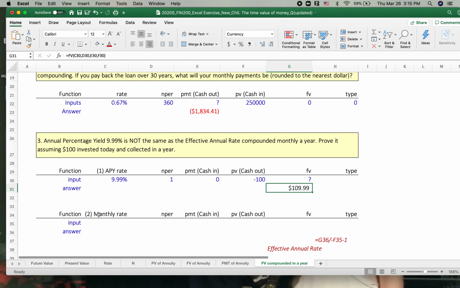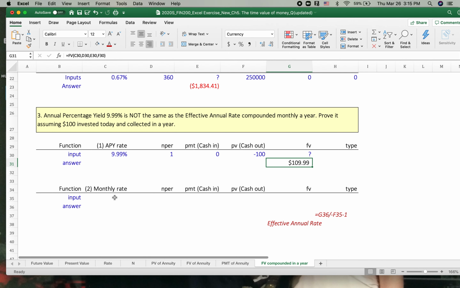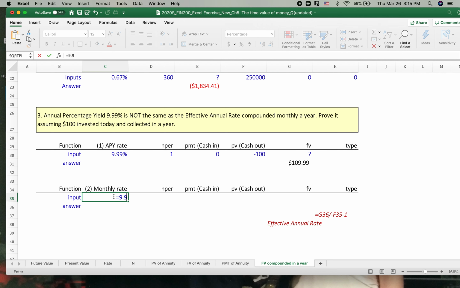Then what about the effective annual rate? We practiced earlier, exactly the same way. For the monthly rate, now we have to divide this 9.99% by 12. And then the number of periods is now 12. And then the payment is 0. But at the end of the day, we will calculate the effective annual rate to compare with the annual percentage yield, the 9.99%.